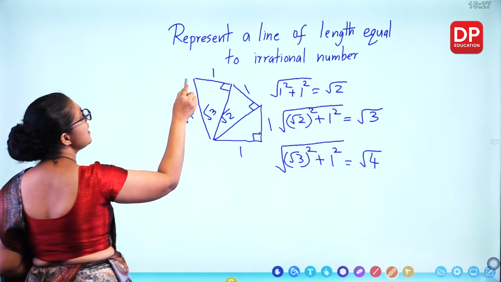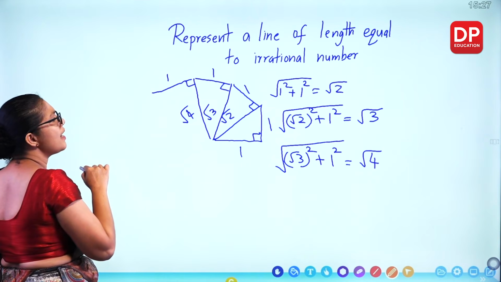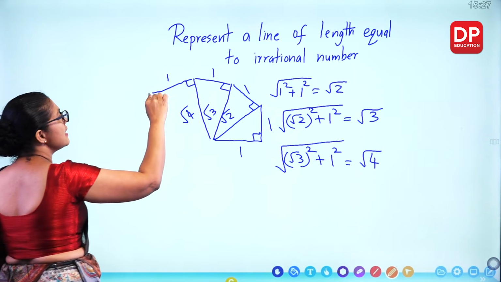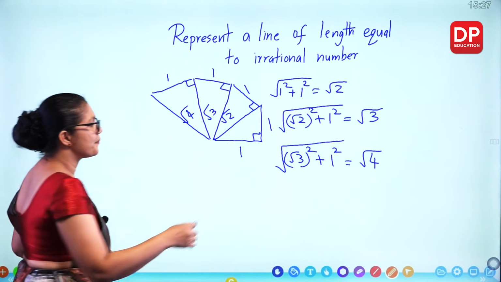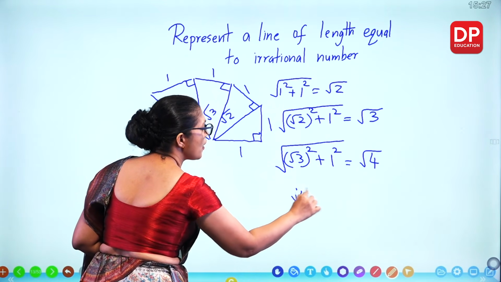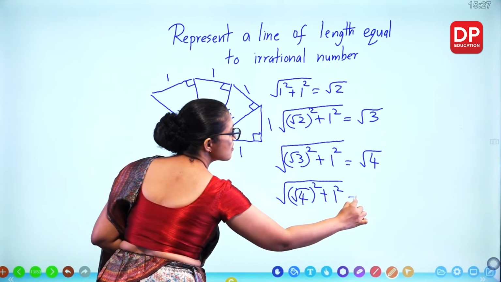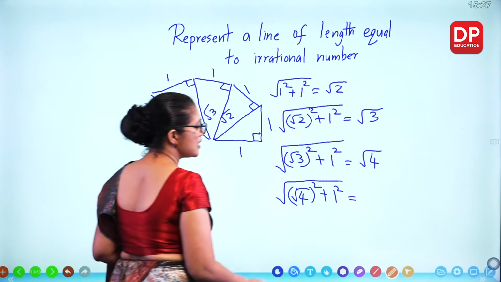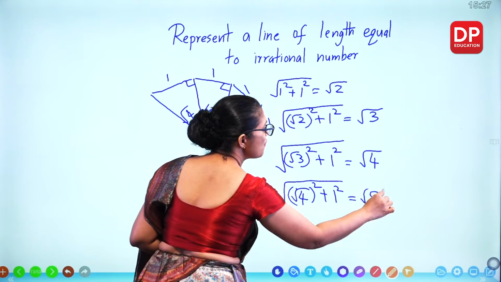Again I can repeat the same thing. If I draw a perpendicular line with one length to this end and connect, what am I getting? Root 4 squared plus 1 squared, and take the square root. So you get 4 plus 1, 5, root 5.